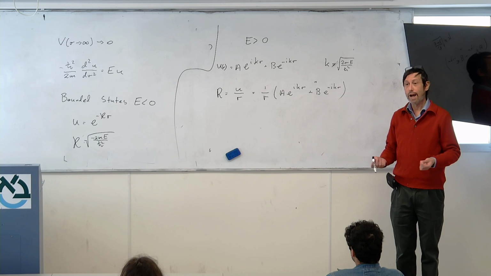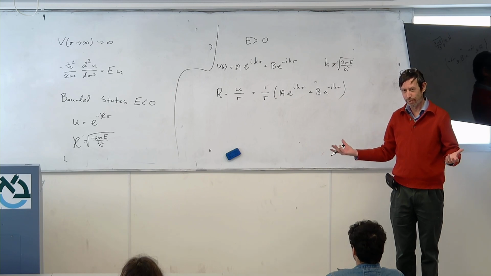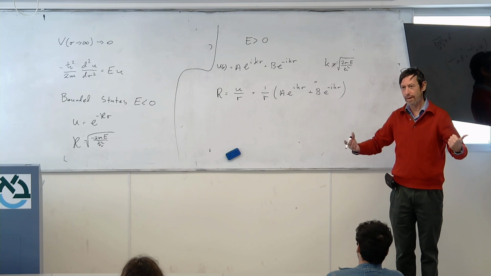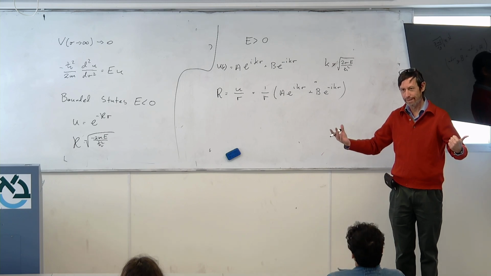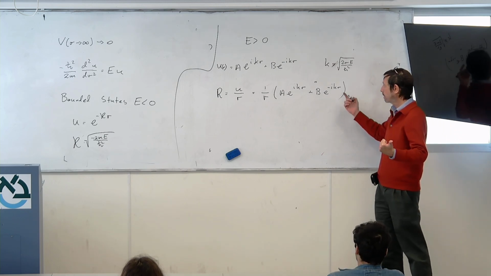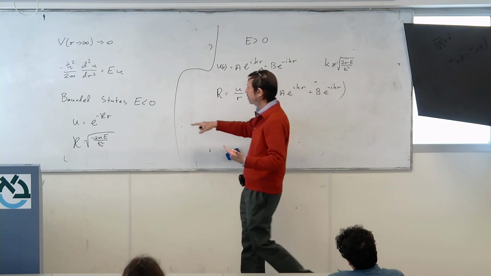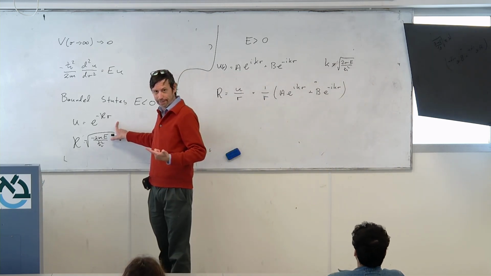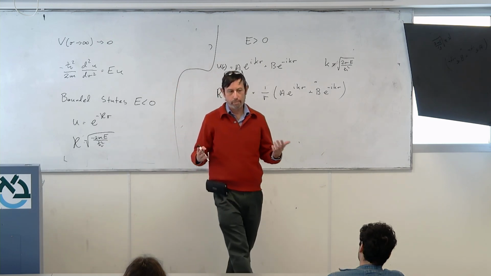So, what remains to be done? Well, sew up all these solutions. We have it at zero: it has to behave like r to the power L plus 1. We have it at infinity: it must behave like a decaying exponential. How does it behave in the middle?